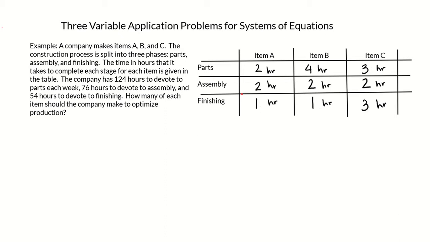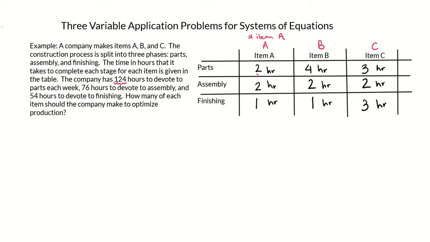So with this information in the table, we can say that A is the number of item A that are made. B would be the number of item B, and C would be the number of item C. And the sum of the parts times is at most 124.